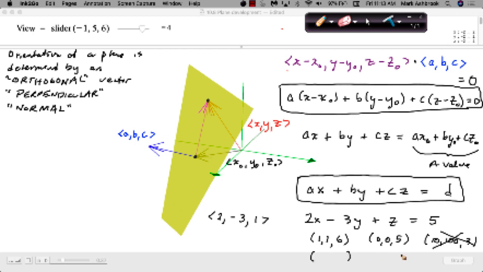So find three more points on the plane. Just yourself. Find three more points that are on the plane.